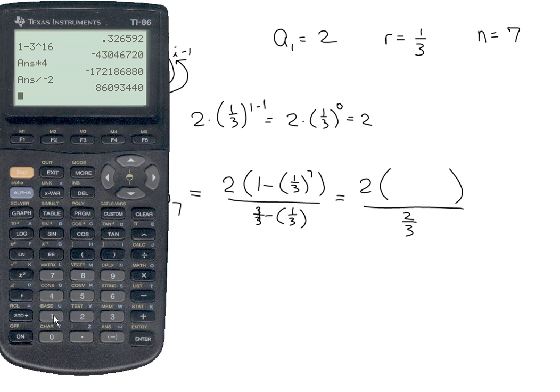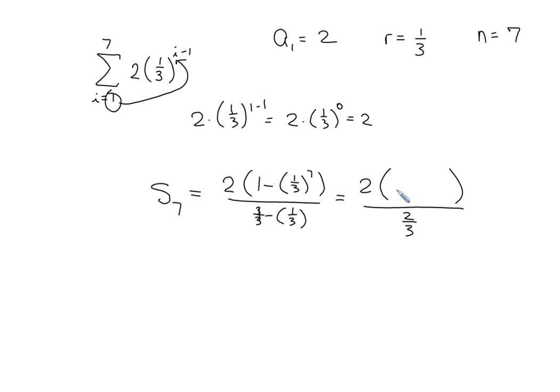On my calculator, I'm going to do 1 minus parentheses 1 divided by 3, close parentheses, raised to the 7th power. Notice this gives me a decimal, 0.99954275, and it goes on and on forever.